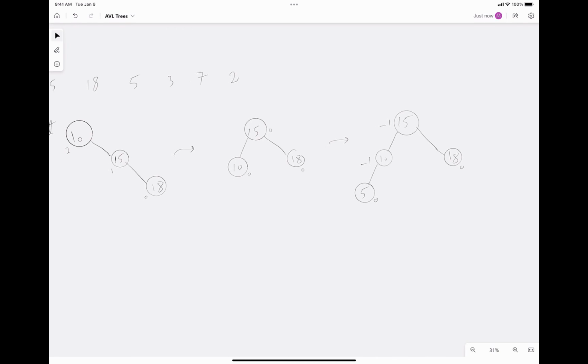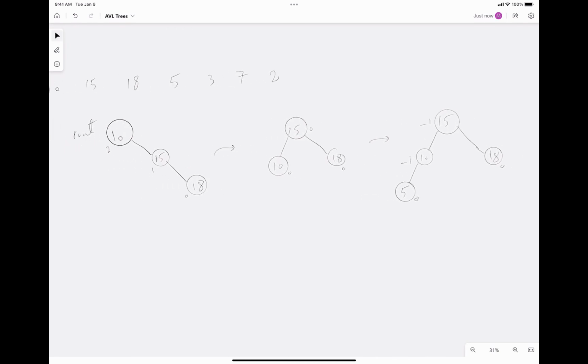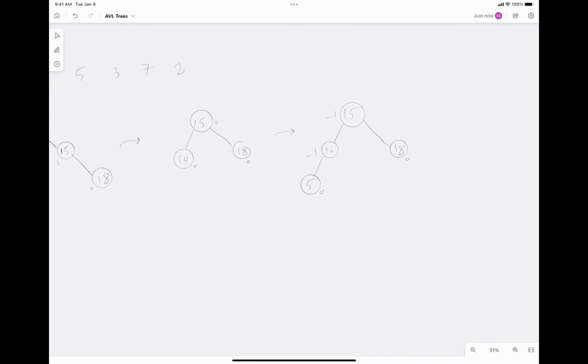After that, we have the number 3 that we're going to insert. It will go here because it is less than 15, less than 10, and less than 5. If you look at the balance factors now, maybe it was better to draw it in another way.